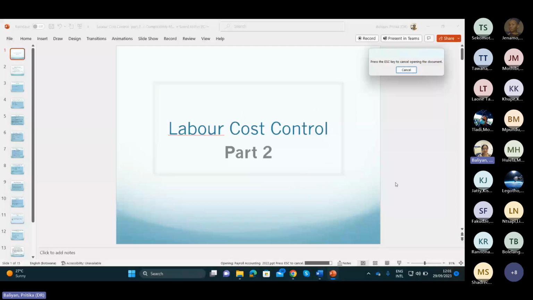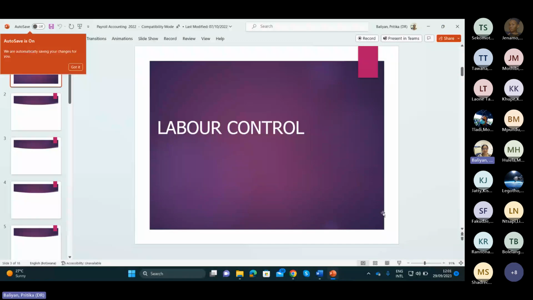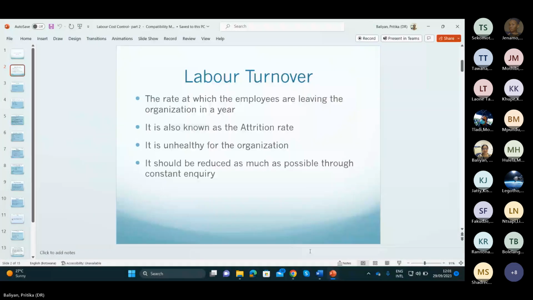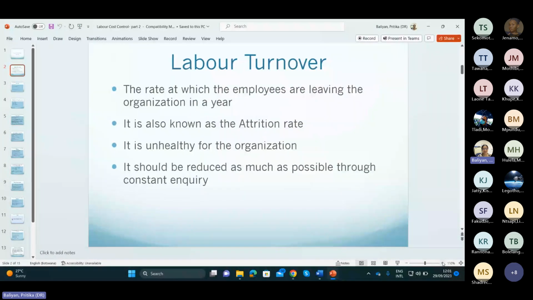Under labor cost control, we also talk about a term known as labor turnover. What do you understand by labor turnover? Labor turnover is the rate at which the employees are leaving the organization in a year.